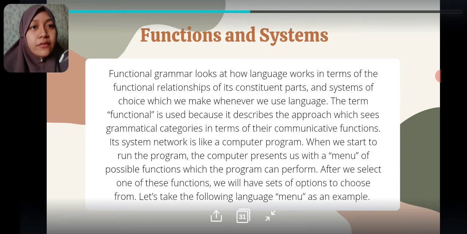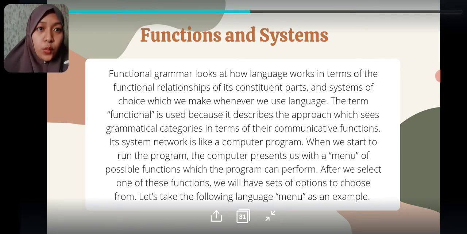Okay, next is function and system. Functional grammar looks at how language works in terms of the functional relationship of its constituent parts and the system of choice which we make whenever we use language. The term functional is used because it describes the approach which sees grammatical categories in terms of their communicative function.